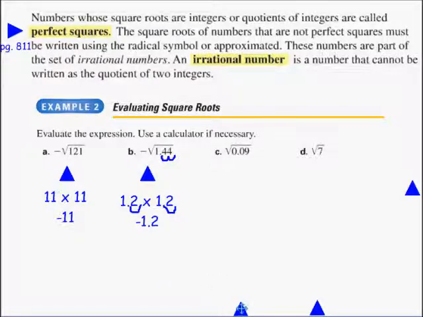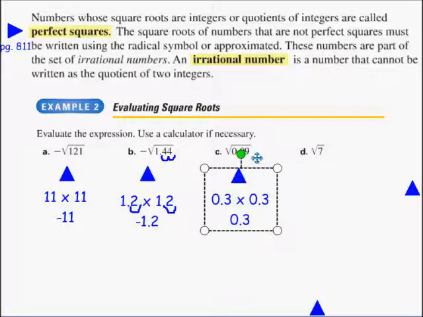Going with that rule, 0.09, so we look at just the number 9. It's a perfect square, 3. And we need, again, 2 place values. So we're going to make that 0.3 times 0.3. 2 place values there in our multiplication, which then would give us 0.09. So the square root of 0.09 is 0.3.